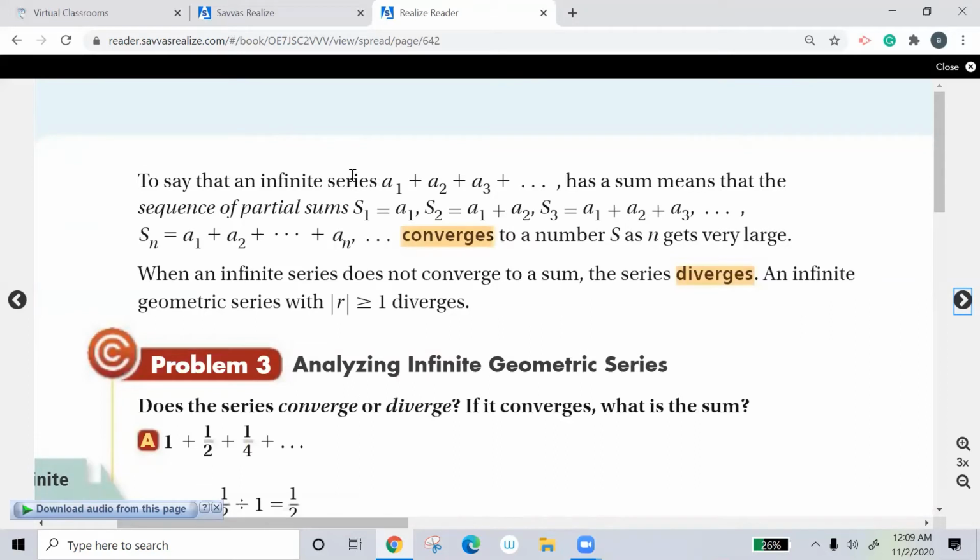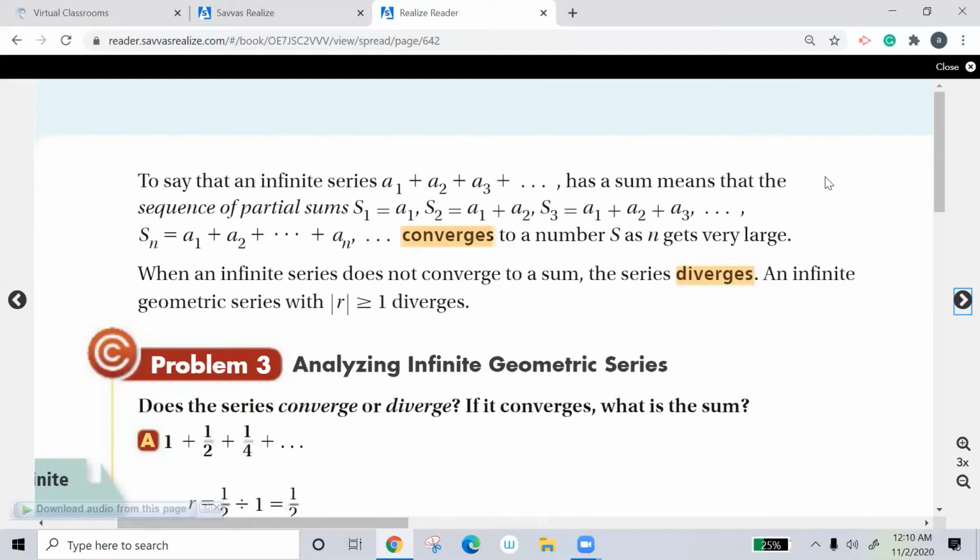Next, to say that an infinite series a sub 1 plus a sub 2 plus a sub 3 and so on has a sum means that the sequence of partial sums s sub 1 equals a sub 1, s sub 2 equals a sub 1 plus a sub 2, s sub 3 is equal to a sub 1 plus a sub 2 plus a sub 3 and so on. So we have s sub n equals a sub 1 plus a sub 2 and so on to a sub n.